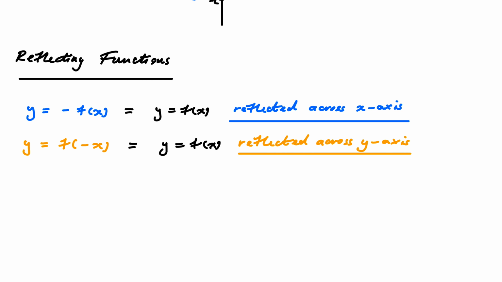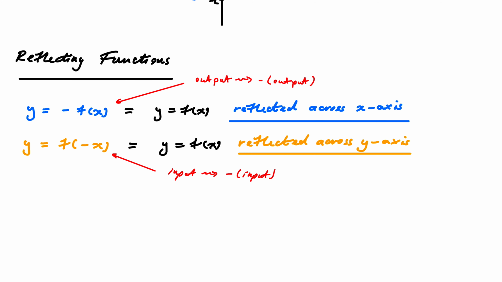And again, just to reiterate, here we're altering the entire output. The output is being changed for minus the output. That's the change we're making. And here, the change is an input being changed for minus the input. So it's kind of like a composition where I'm composing with minus x, if you want.